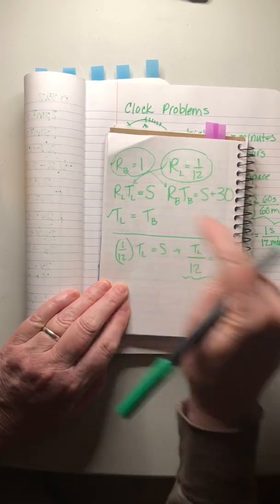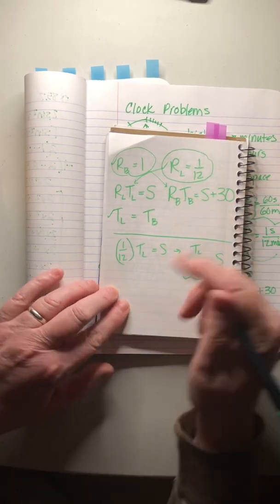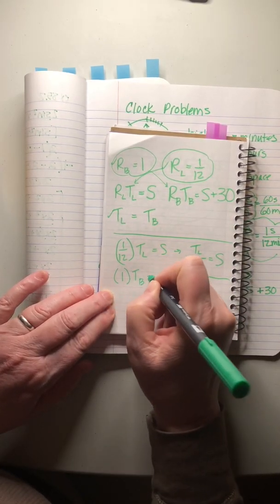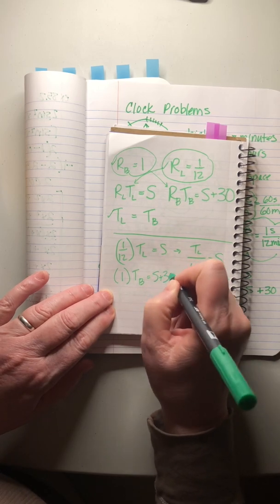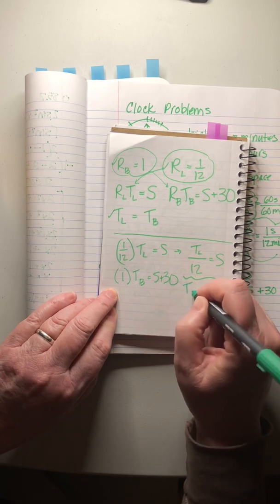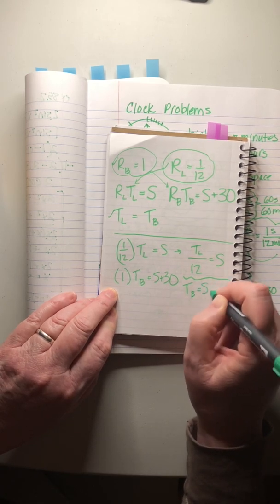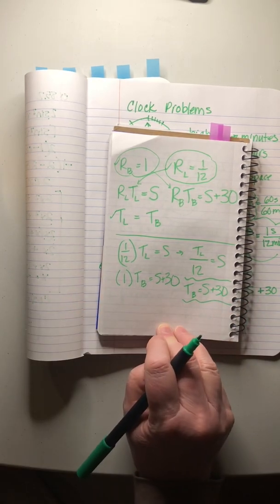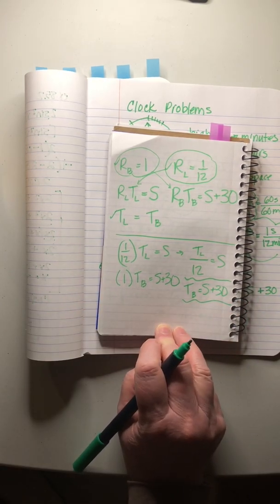We just substituted that in there. Now, when we do the same thing over here, we'll do 1 times TB equals S plus 30. And that we don't even need, so we can just say TB equals S plus 30. Another much better equation.